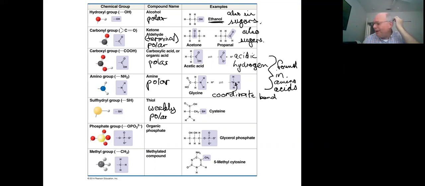And it is found in the amino acid cysteine, and you can see the sulfhydryl group sticking out here. Now, what is really interesting about these sulfhydryl groups is that if you have two sulfhydryl groups adjacent to each other in a molecule, you can form what is referred to as a disulfide bridge, a covalent bond between the two sulfurs.